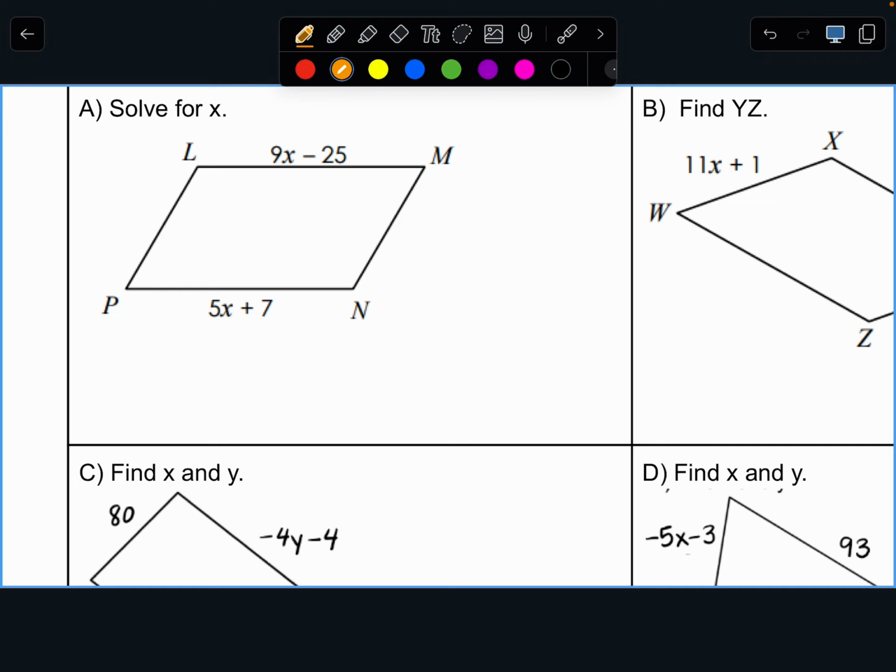What do I know about these sides? I know that these 2 sides and these 2 sides are congruent. Congruent means the same. In math, that means equal. So we write 9x minus 25 equals 5x plus 7.